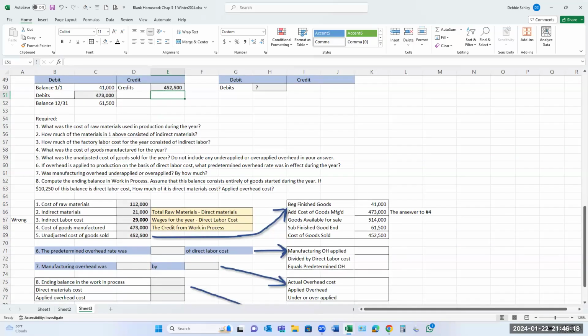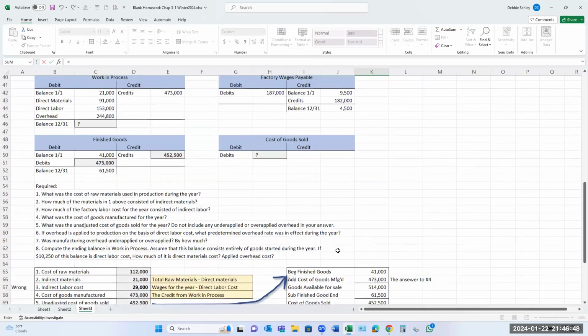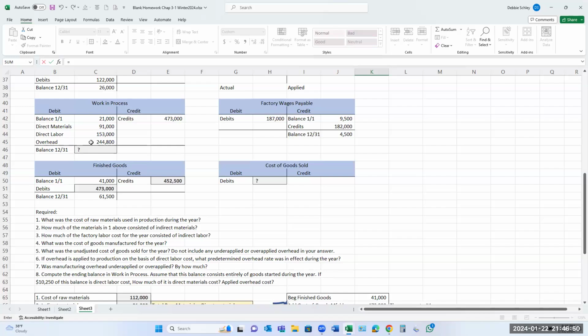Now 6 is a little tricky because it's worded weird, but I'll help you through it. If overhead is applied to production on the basis of direct labor cost, what predetermined overhead rate was in effect during the year? So this is going to be a percent of direct labor cost. The first number we need is the manufacturing overhead applied, which would be the debit to work in process.